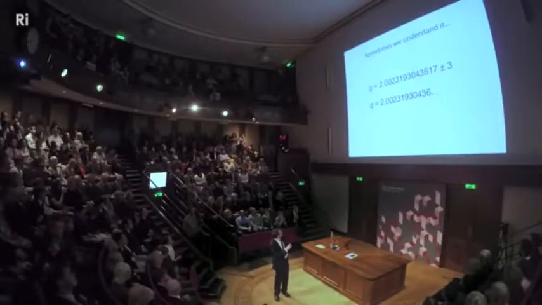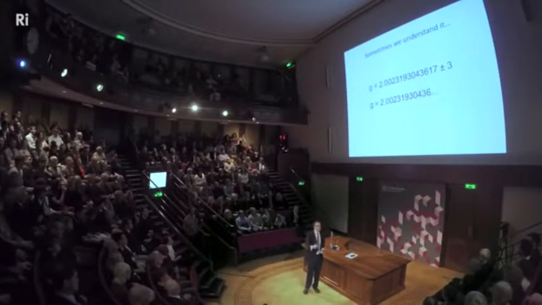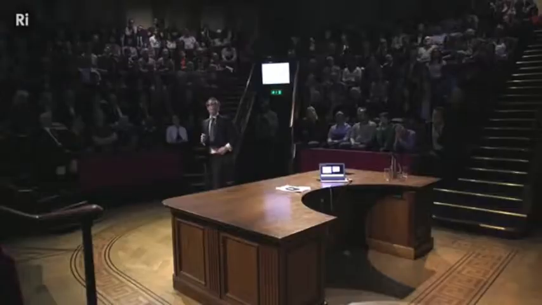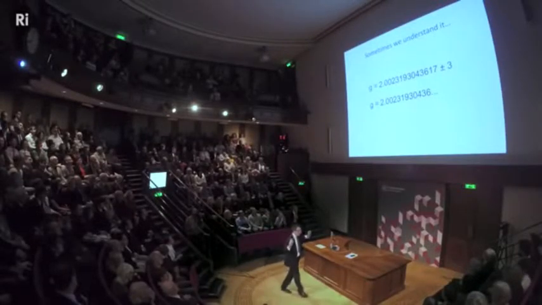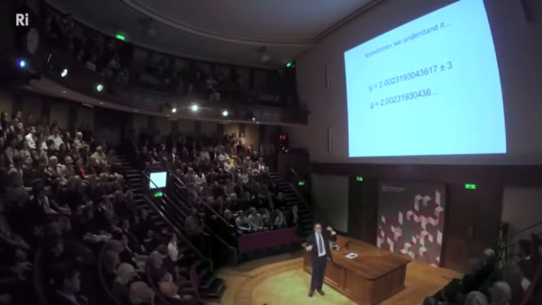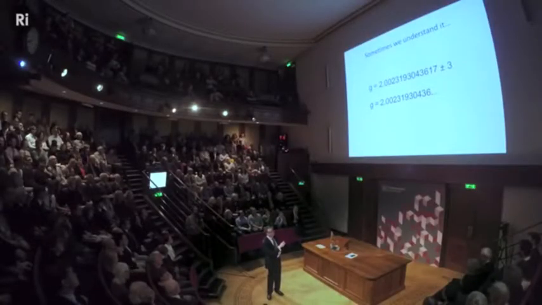And the second number is the result of many, many decades of very tortuous calculations, sitting down with a pen and paper and trying to predict from first principles, from quantum field theory, what the magnetic moment of the electron should be. And you can see it's simply spectacular. And there's nothing like this anywhere else in science, with an agreement between the theoretical calculation and the experimental measurements. I think it's 12 or 13 significant figures.